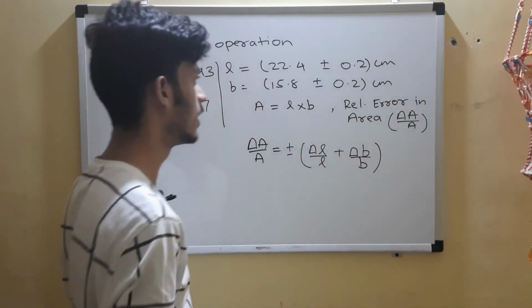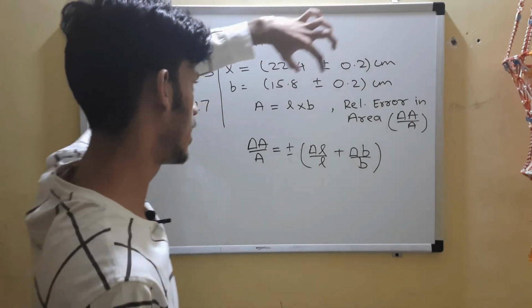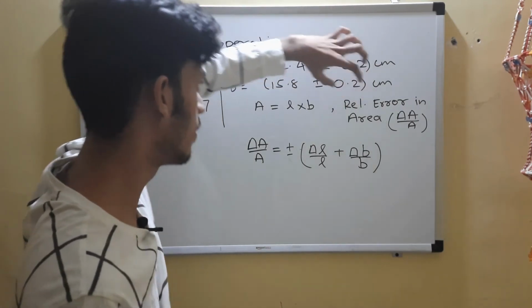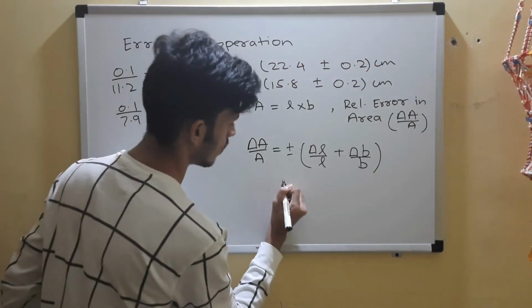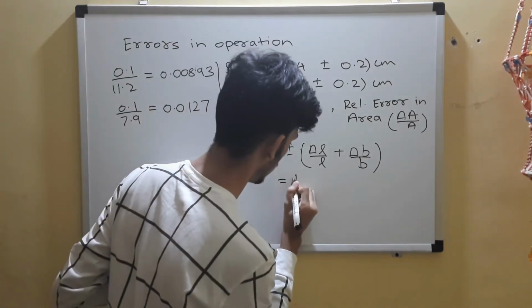So you can see clearly that this is delta L, this is L, this is delta B, this is B. Okay, so this is what they have asked us for. So let's do that.